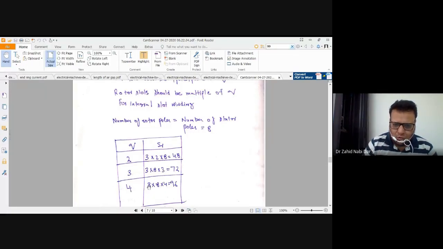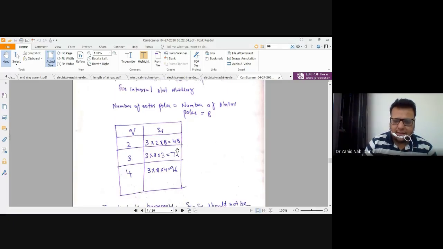So the rotor slots can be either 48, or 72, or 96. Less than this value is discarded, more than this value is discarded, but anything between these values is okay for us. Now which value should I take? Should I go for 48, 72, or 96?